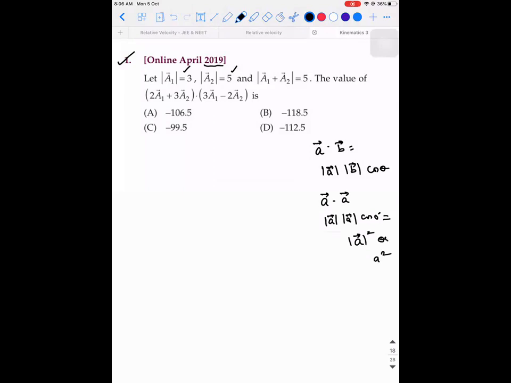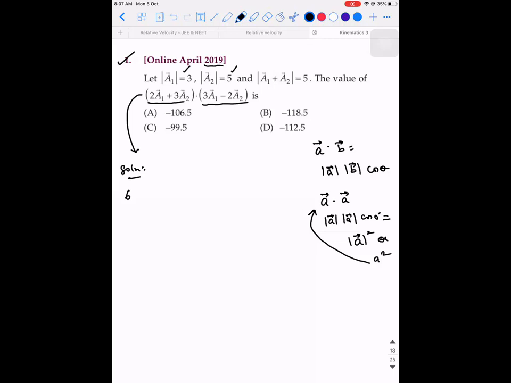So with respect to vector, they have given you a vector and they have given you the square of the vector. The inner meaning of it is you have done the dot product of that vector with itself, right? So in the similar case, what can I write this point as? 2a1 vector plus 3a2 vector dot 3a1 vector minus 2a2 vector. Tell me.